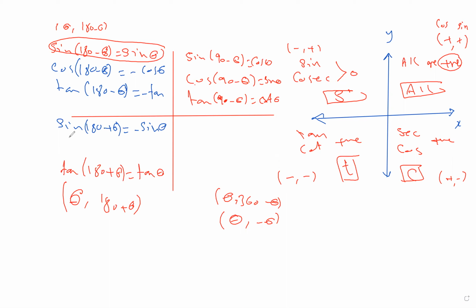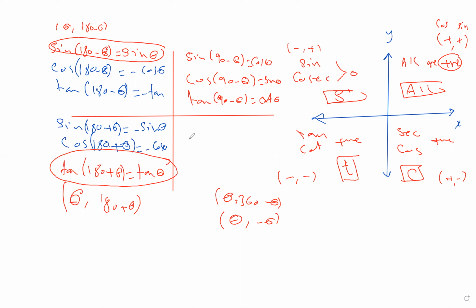Cosine 180 plus theta equals negative cosine theta. So the tan keeps the sign in the third quadrant.